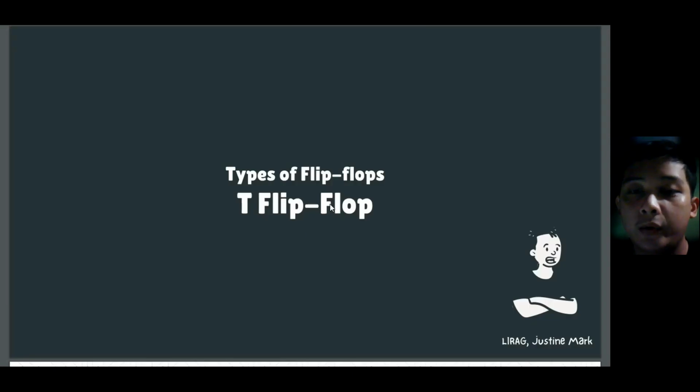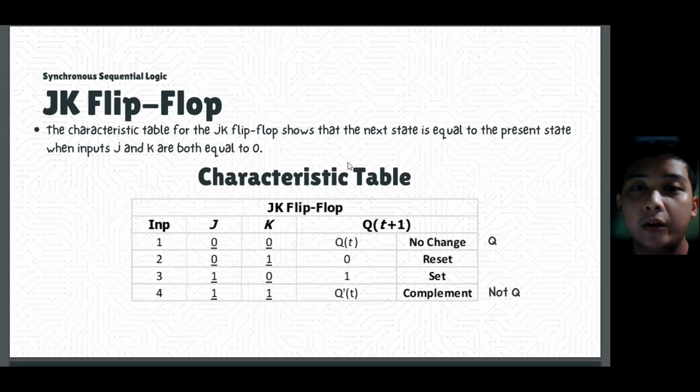Next slide. Now we are going to the characteristic table of the JK flip-flop. The characteristic table shows that the next state is equal to the present state when inputs J and K are both equal to 0.